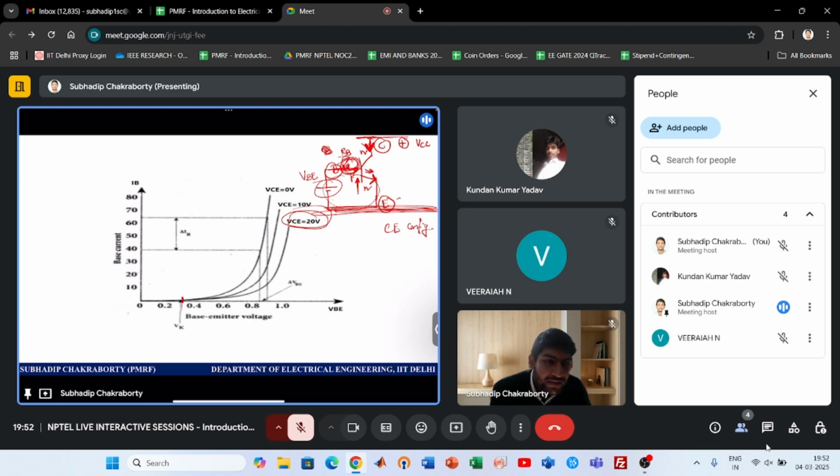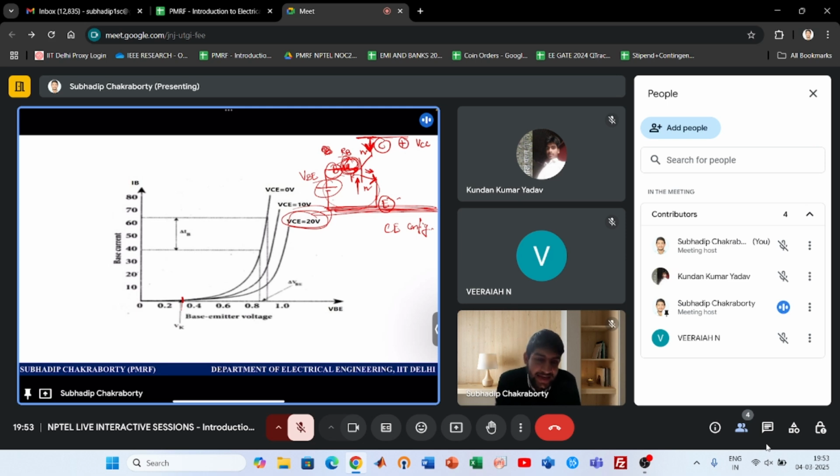That will lead to a higher number of charge carriers at the collector, just based on the operation of the transistor. But that also has a limit. It should not exceed, otherwise it will burn that zone. If more charge carriers are forced to go, it may lead to some punch through and may damage the junction. So that also needs to be very carefully selected.